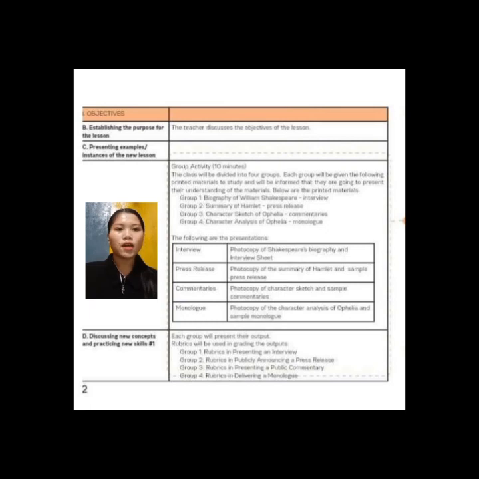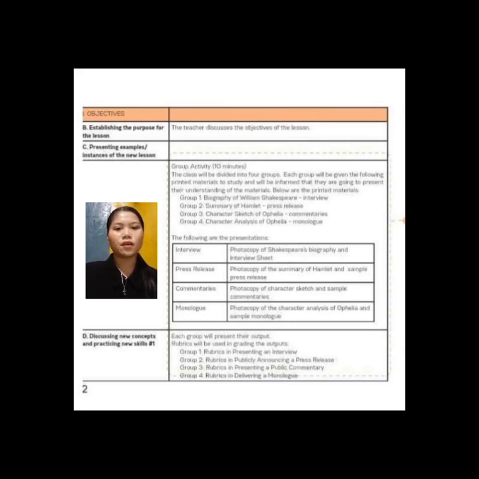Group 1, biography of William Shakespeare interview. Group 2, a summary of Hamlet. Group 3, the character sketch of Ophelia. Group 4, character analysis of Ophelia.